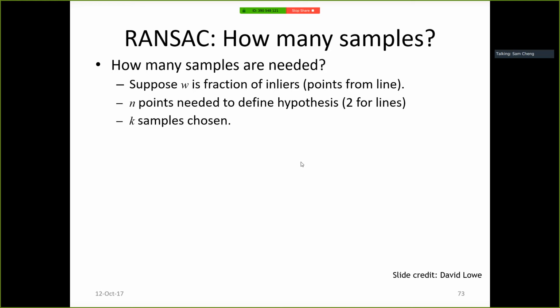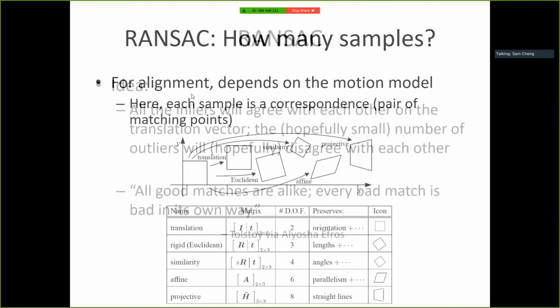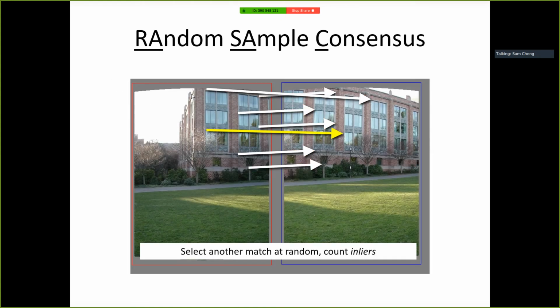So we can estimate that if we have a general idea of how many of my matches are basically inliers. For example, this one here, if I go back to here, how many of them are inliers if you just have a quick scan of these matches here?